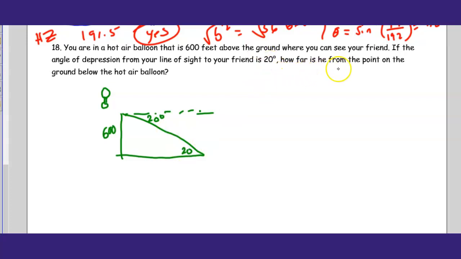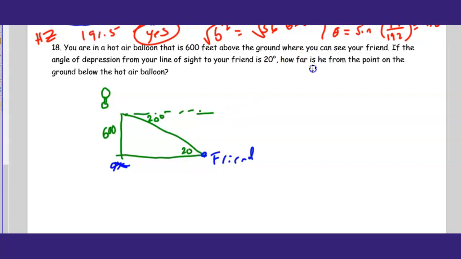It says how far from the point on the ground below the hot air balloon is your friend? Your friend's right here.